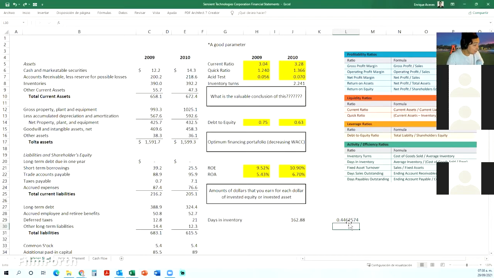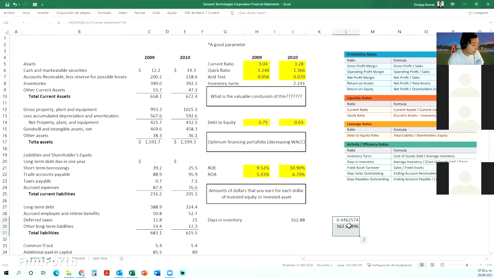So if we take into consideration that the COGS was recorded on a yearly basis, and we have 365 days per year, if it represents 44% of the COGS, multiplying that by the 365 days per year, it will give you 162 days per year.